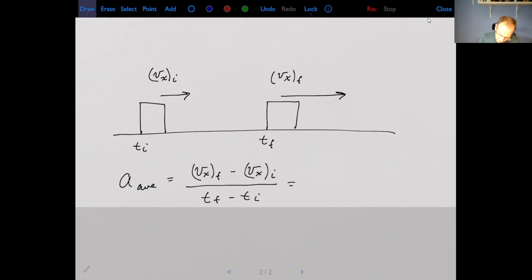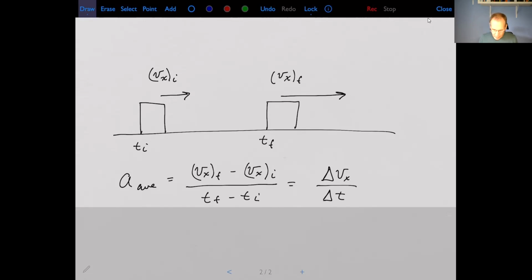Or more efficiently, I could write this as the average acceleration is the change in velocity in the x direction divided by the change in time. So whereas average velocity was change in position, delta x over change in time, delta t, average acceleration is like one step up, it's change in velocity over change in time.